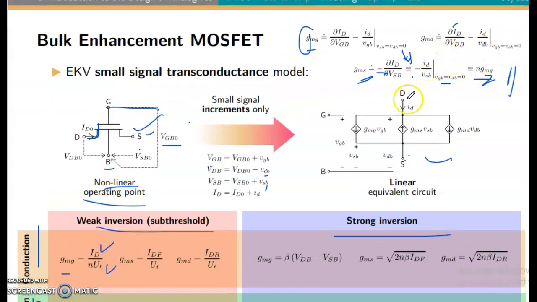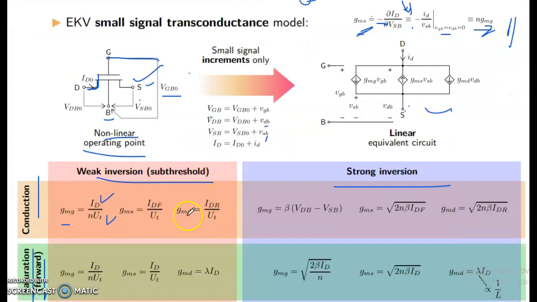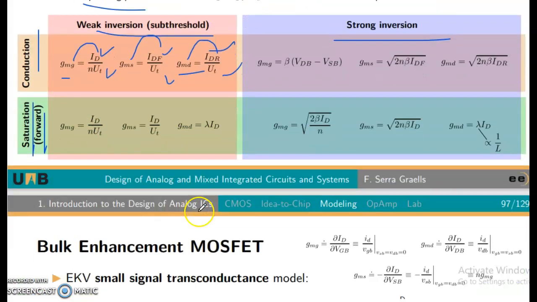GMS is n GMG. Here IDF over UT for GMS, and IDR over UT for GMD.